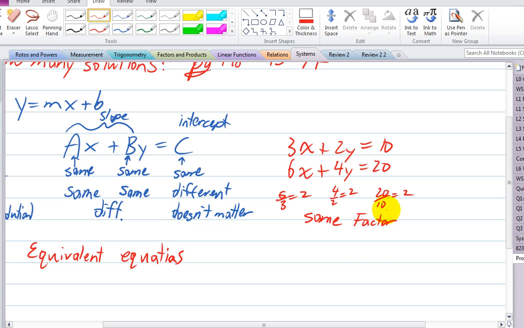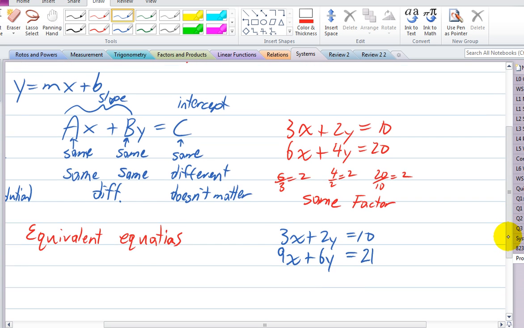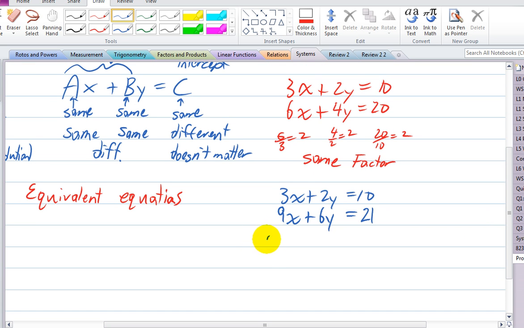All right? The next example, if we have 3x plus 2y equals 10, and then we had something like, sorry, let me try this one here, 9x plus 6y equals 21. So if you're checking this one, now always go the high number divided by the low number, otherwise you always get decimals.